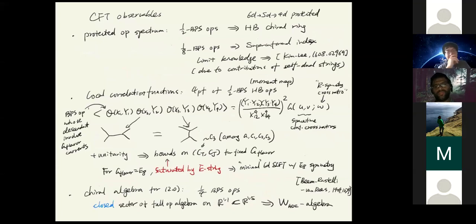Okay, so what are some examples of CFT observables that we can extract from the EFT or from the geometry? First of all, there are, again, half BPS operators, just like what happens in the 5D and 4D case. And they correspond to the Higgs branch chiral ring once again. And there are scalar operators whose dimension is determined by the SU(2)_R charge, just like what happens in 5 dimensions.